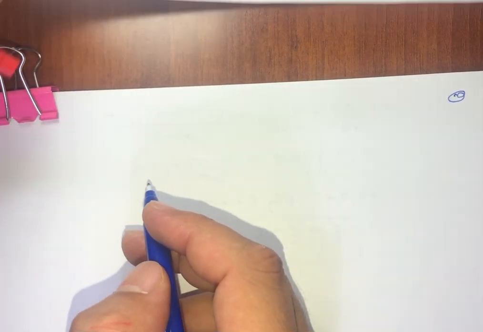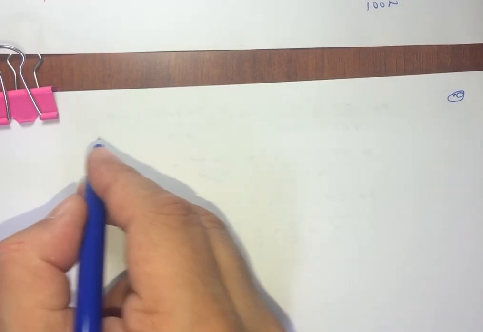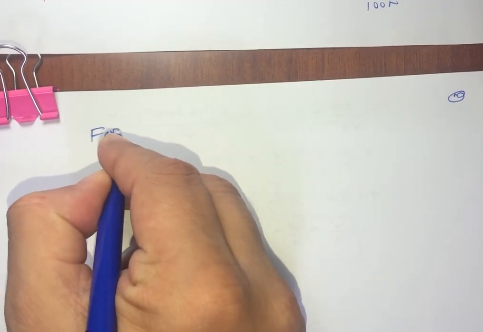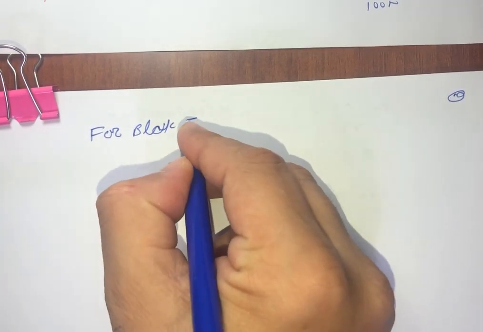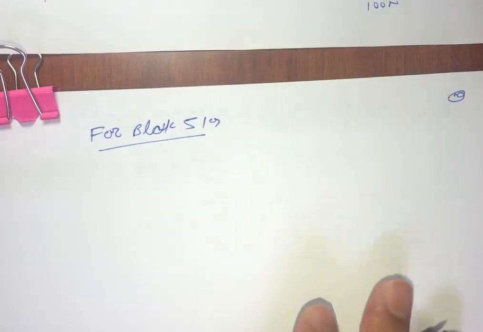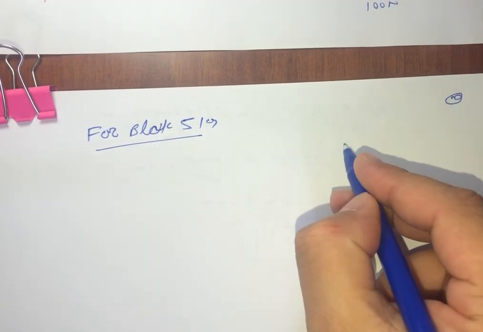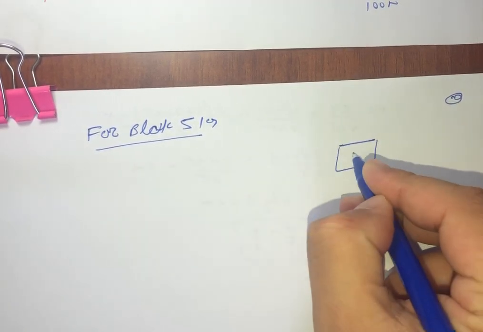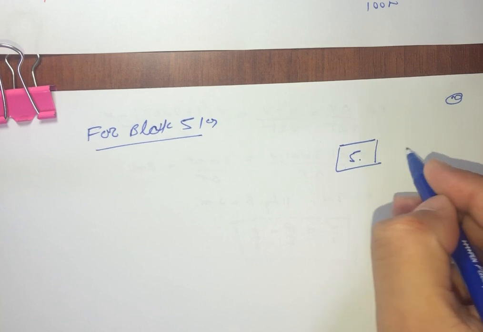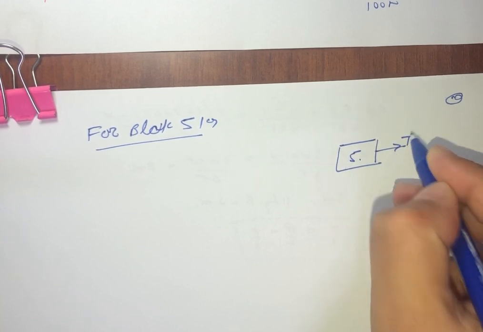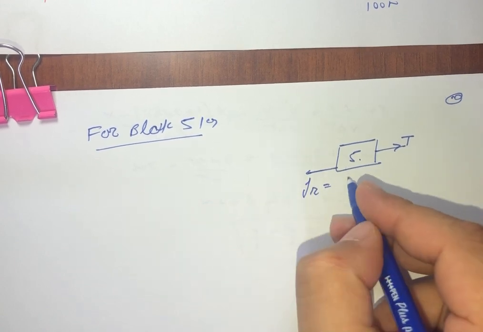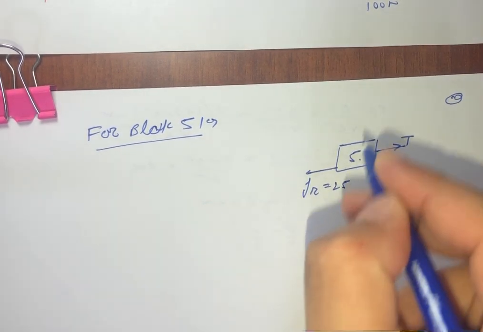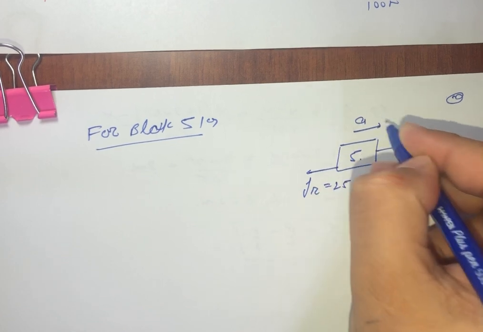Now for the 5 kg block, we have a tension T, and here we have Fr, whose value is 25, and we have acceleration A towards the right.